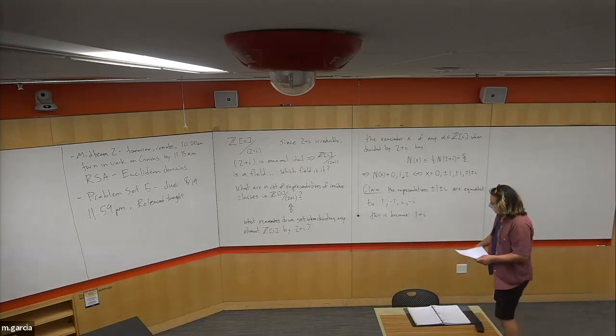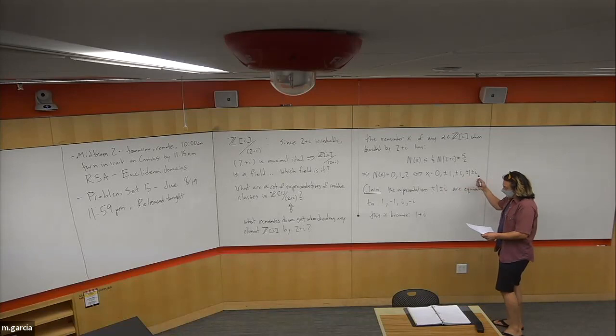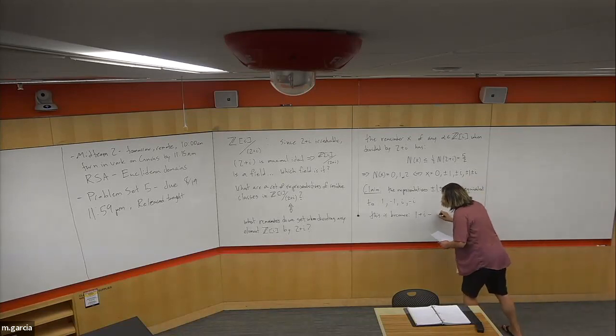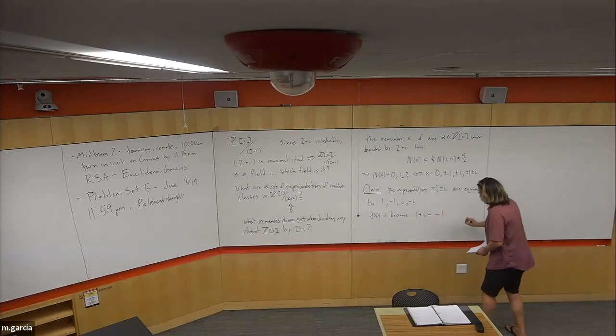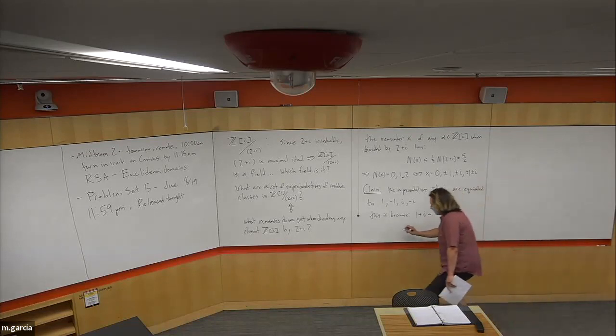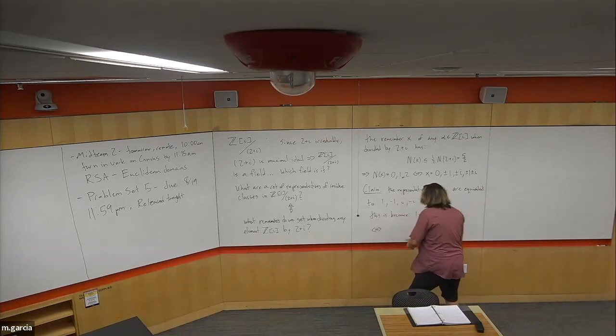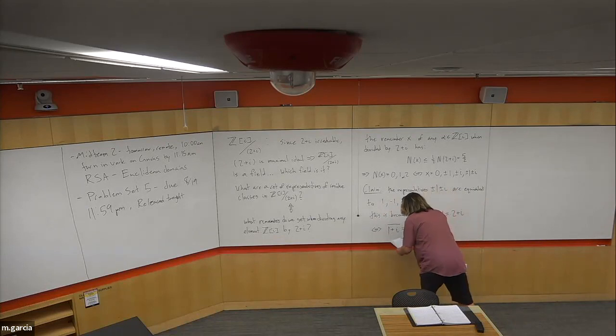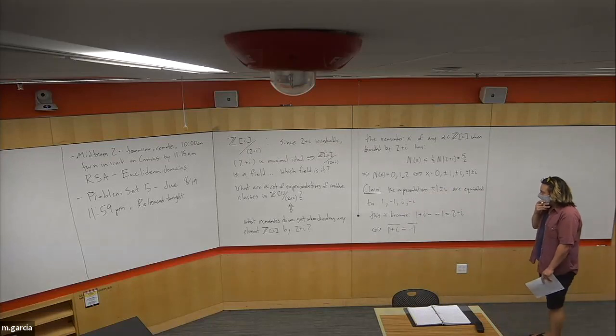Okay, so I'll take this choice of both positive signs. And what I want to do is subtract -1 from this, which will give me 2 plus i. So what this is saying is that the residue class of 1 plus i is equal to the residue class of -1, right?